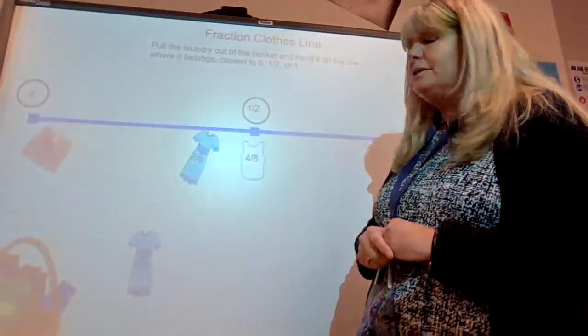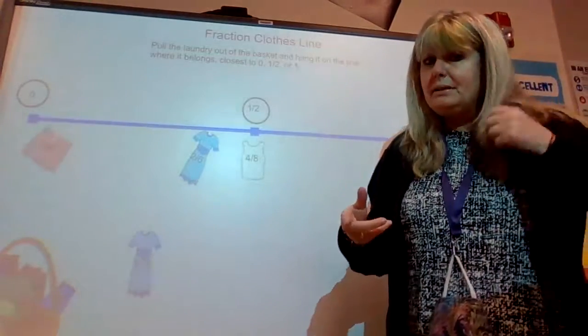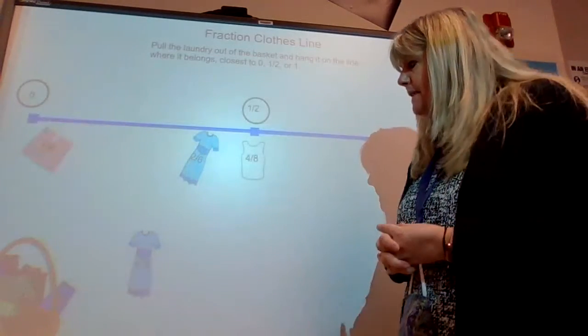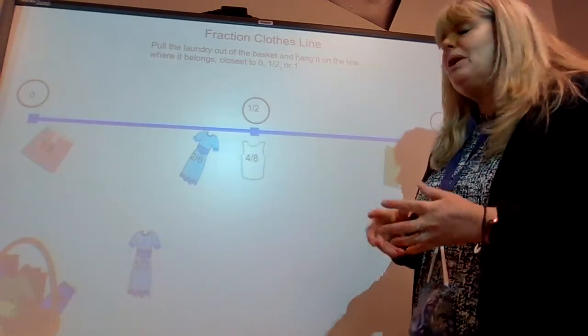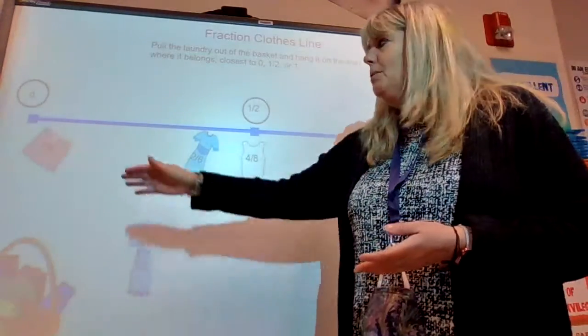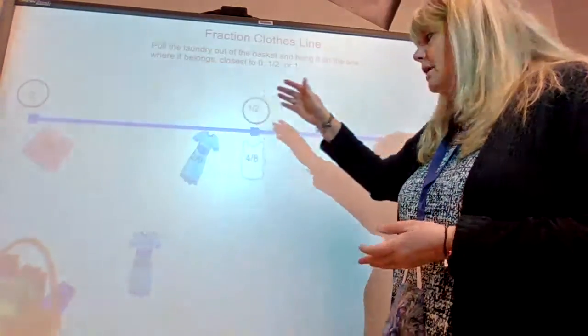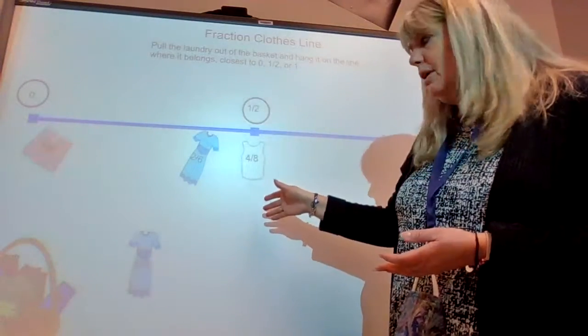Okay, we have a lovely little dress here, and it's got 1/3 on it. Now, we've talked about equivalent fractions. So, looking at that 1/3, where would I put that 1/3? If I cut this number line into thirds, it would be 0/3, 3/3. This would be 1.5 thirds.